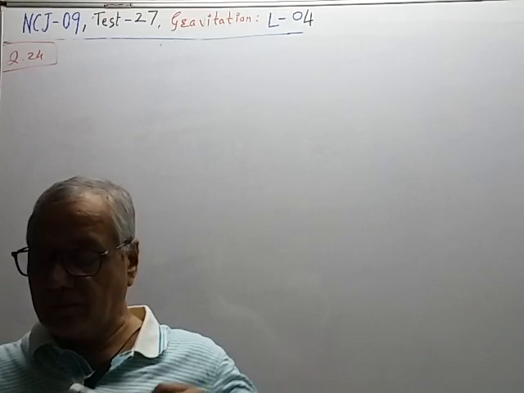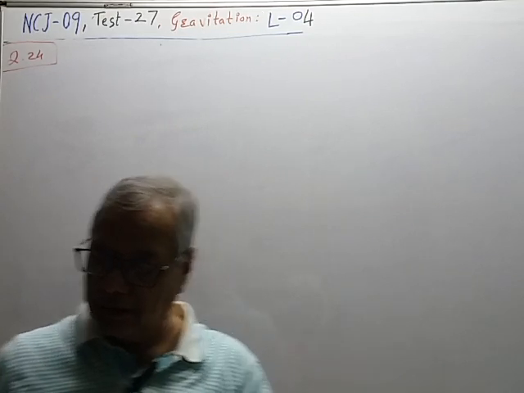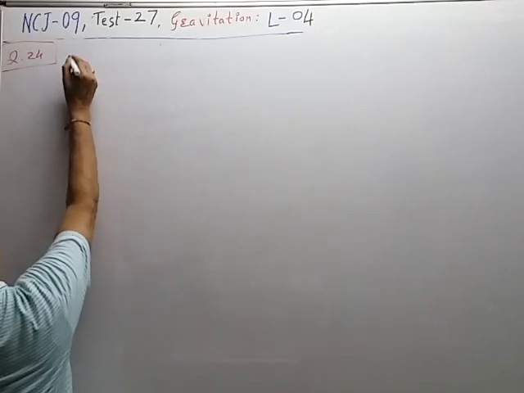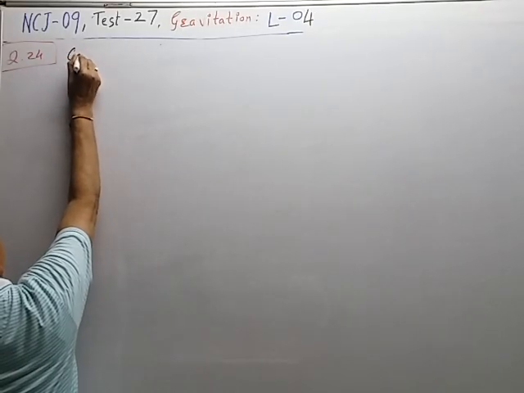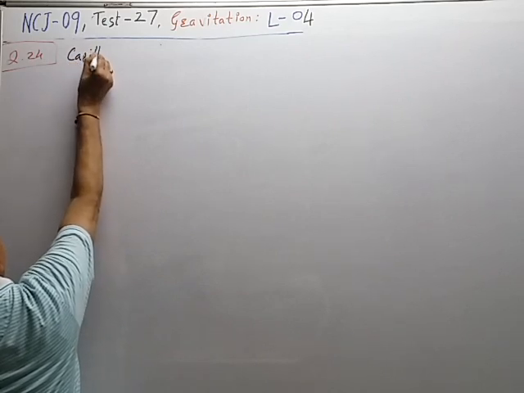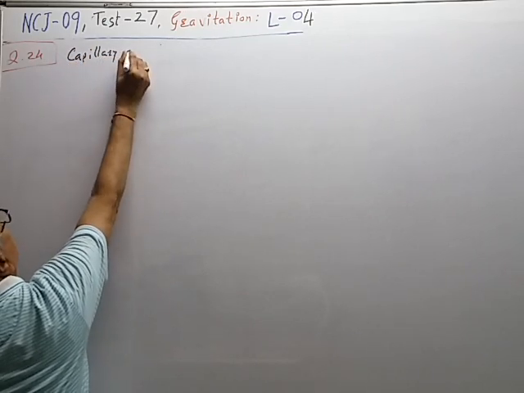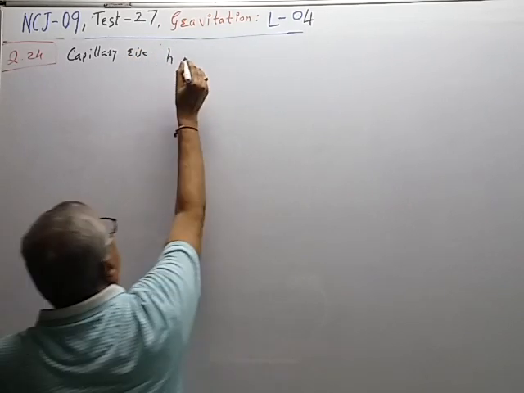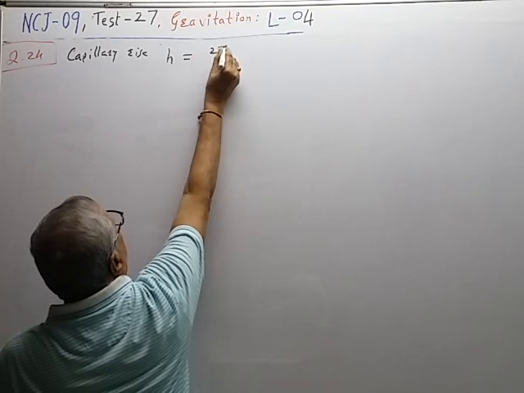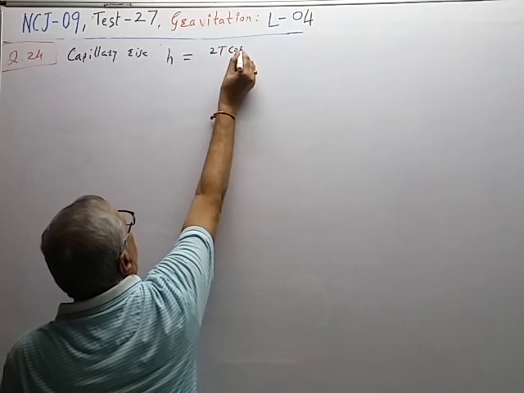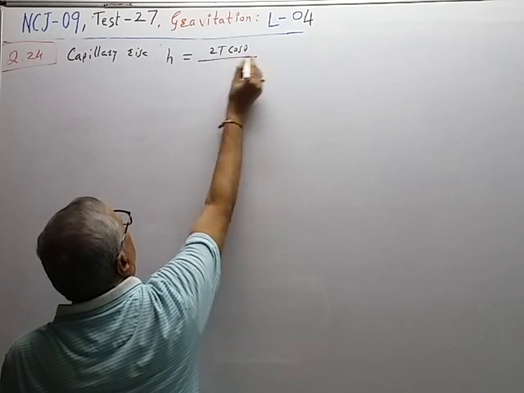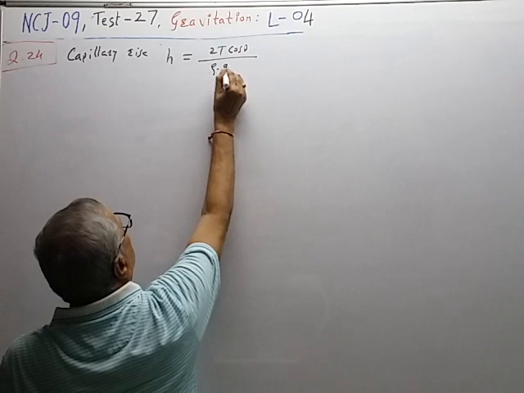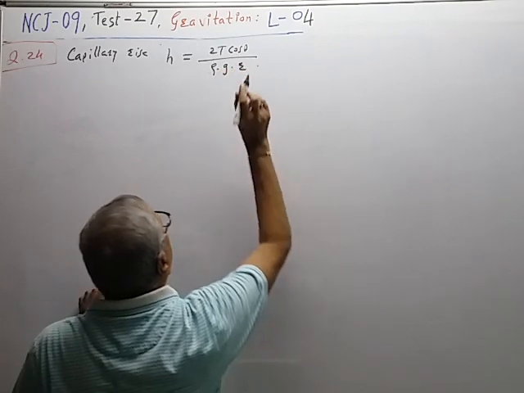So we should know the property of the freely falling elevator. Capillary rise h is calculated by using this formula: h equals 2T cos theta upon rho g r.